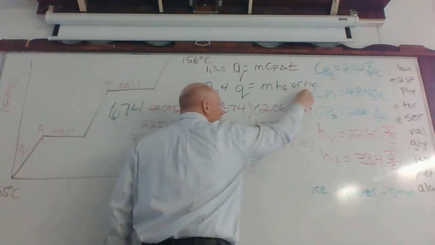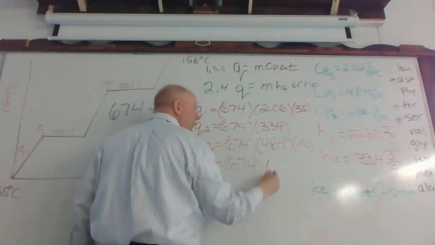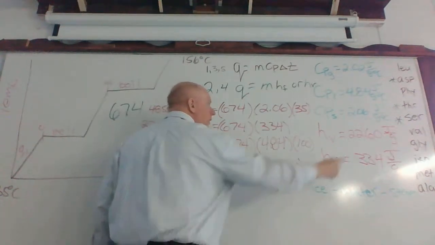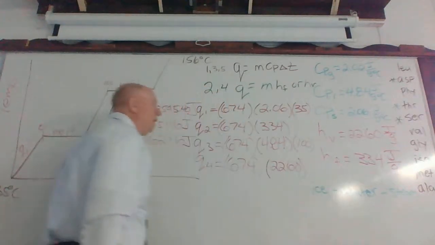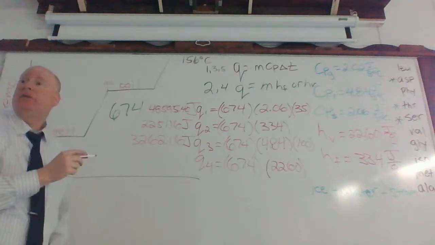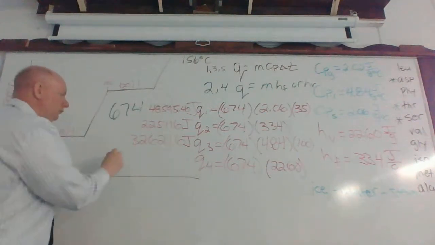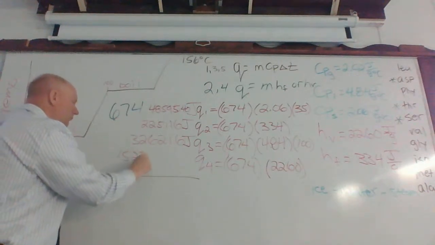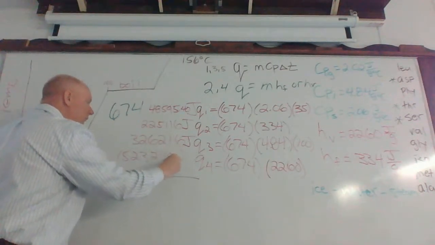Heat of vaporization, which is what? 260. Okay? So now, you multiply them. 152324. Okay?